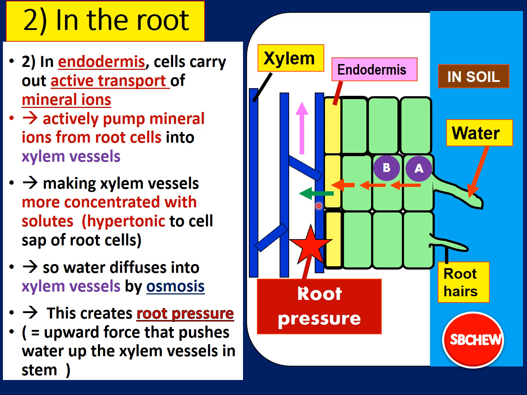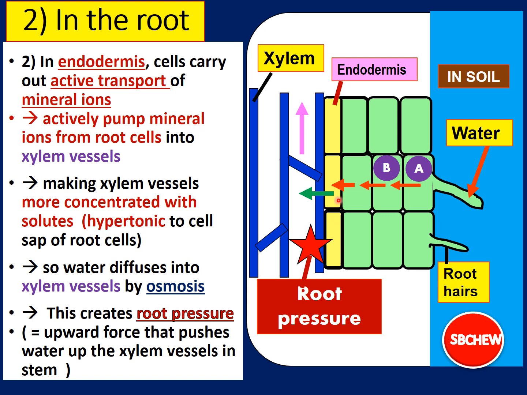So why does the plant actively transport mineral ions into the xylem vessels? This is to make the xylem vessels more concentrated with the mineral ions or solutes, so that the xylem vessels will contain fluid that is hypertonic, more concentrated than the cell sap of this endodermis.